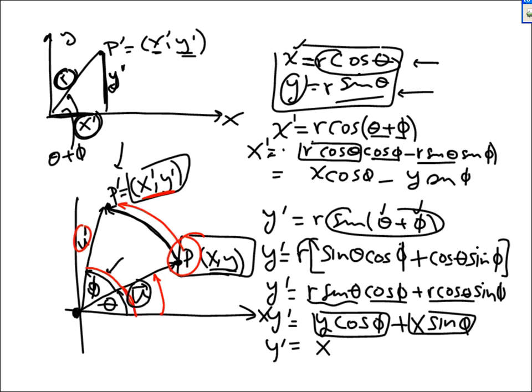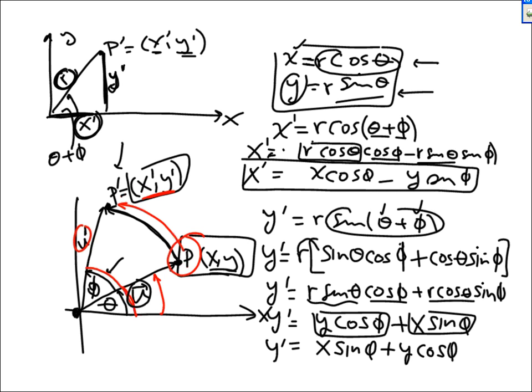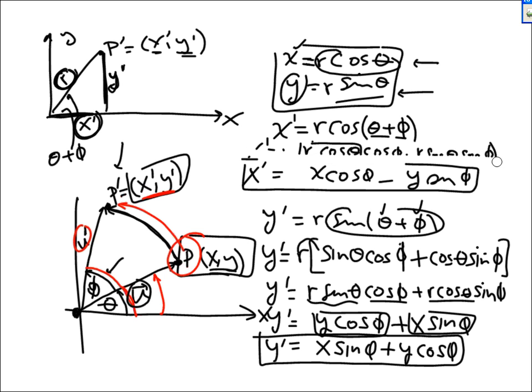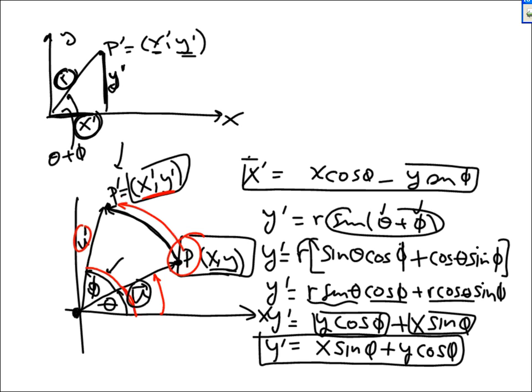So y prime is x sine phi plus y cosine phi. Okay. So I have x prime right here, and I have y prime right here. And I'm going to erase a lot, and I'm just going to put that down.